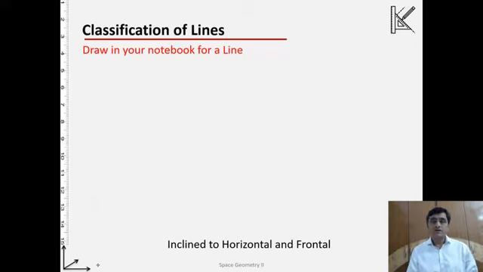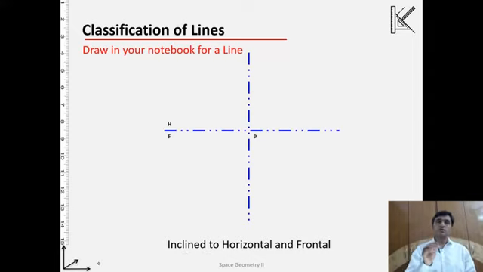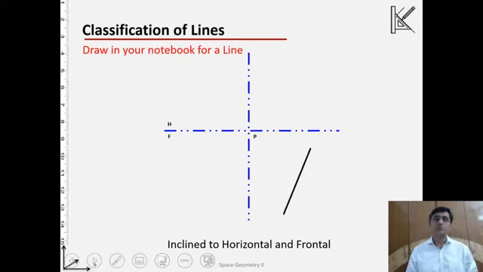Okay, I think your answer is there with you now. Let us do it quickly. This line is inclined to horizontal and frontal, so the line is something like this. It is parallel to the profile, so on the profile I will have the true view, the true length.